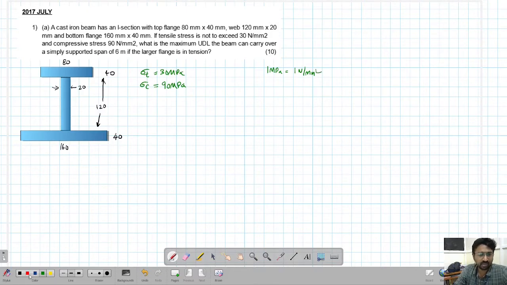Now this has to be used as a beam of length 6 meters, simply supported. There is a UDL on the beam of magnitude W, which they are asking us to find.